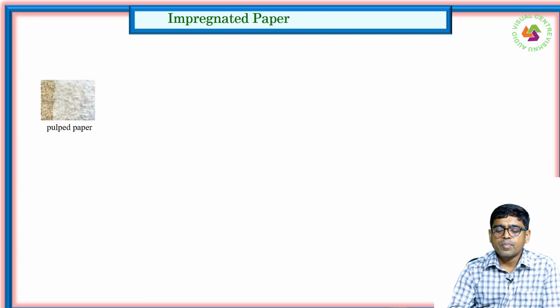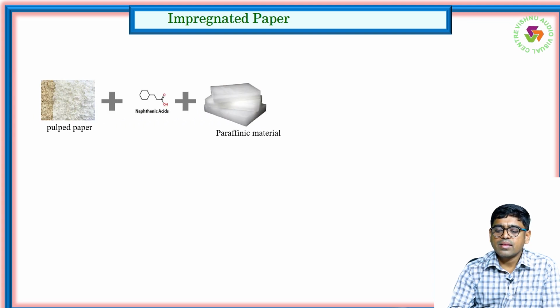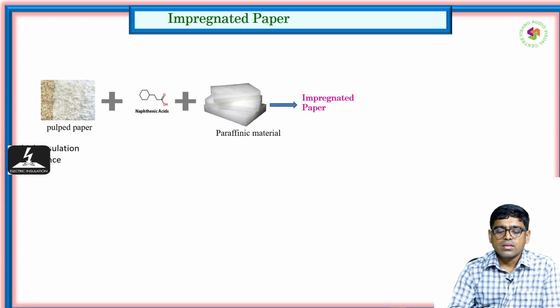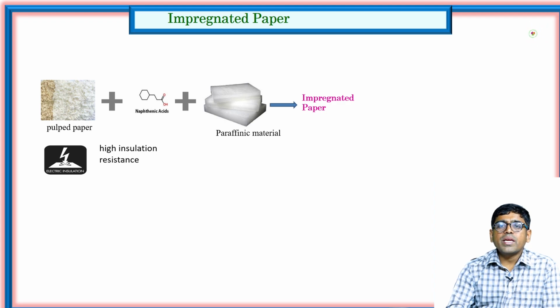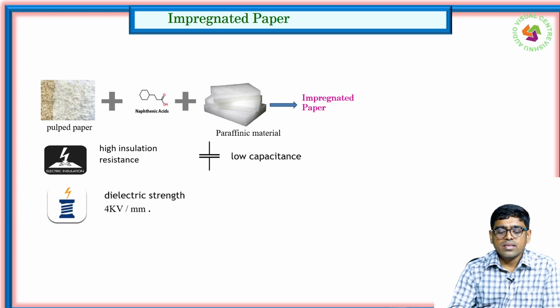Next is impregnated paper, another type of material we are using. Impregnated paper is a pulped paper, added with naphthalic acid and paraffin material, and then the impregnated paper is constructed. This impregnated paper has high insulation resistance, low capacitance, dielectric strength of 4 kV per mm, and low cost.